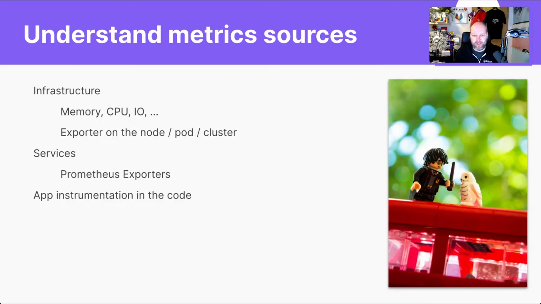Now, there are different metric sources to keep in mind. Ones that might exist in the infrastructure, like memory, CPU, I/O, using an exporter on the node, pod, or Kubernetes cluster. There might be services being exposed by Prometheus exporters. And for our own applications, we need to add that into the code, like using app instrumentation.